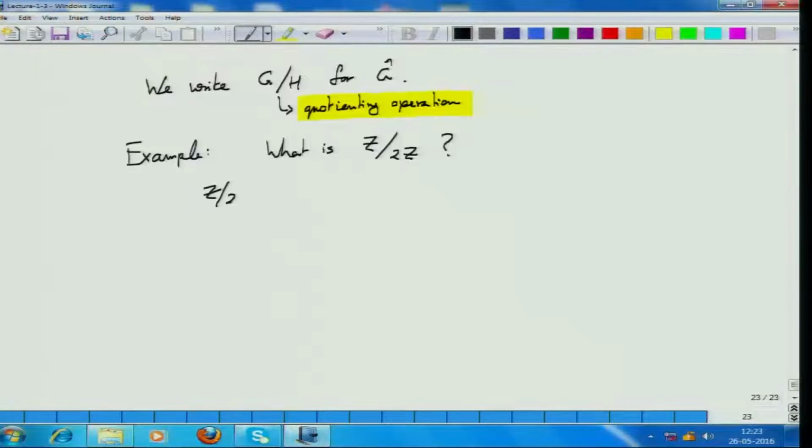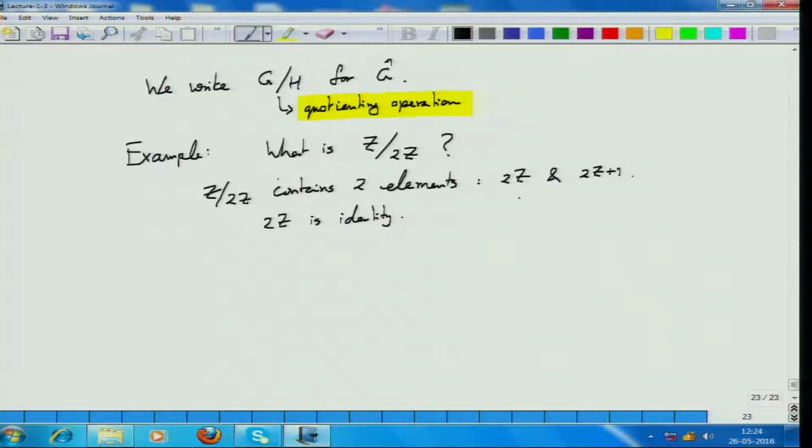So, what would be the operation on this new group? Let us write the odd numbers as 2Z plus 1, that is the notation. 2Z is identity. What is the new operation, how does it look?